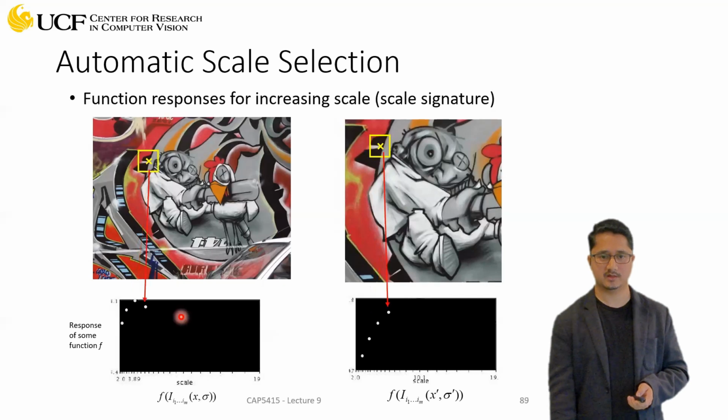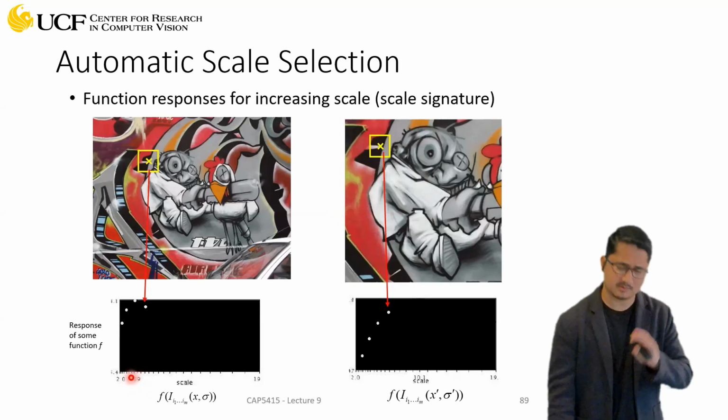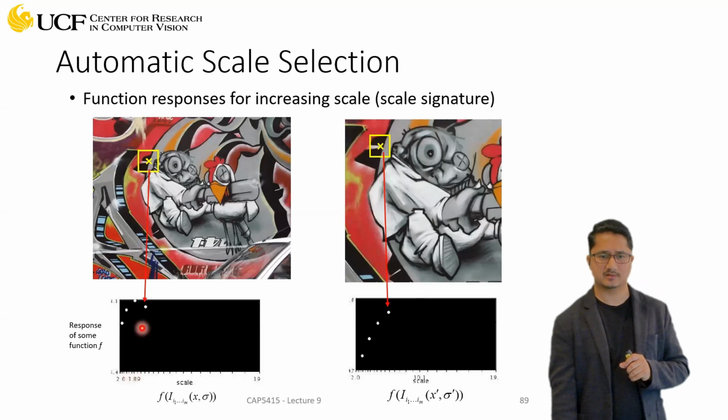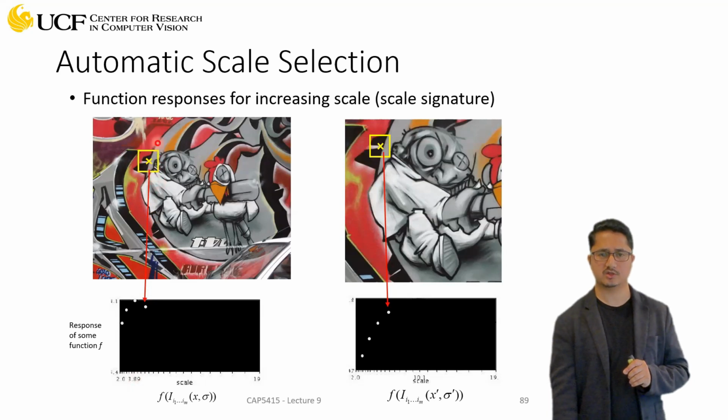Okay, so as we go right, here you can see that maybe at this scale over here, which is 3.8, so some random scale, this tells you that when your kernel size or your bounding box size is 3.8, then whatever kernel you're using, it's actually matching perfectly with that image patch. And that is giving you the highest response.